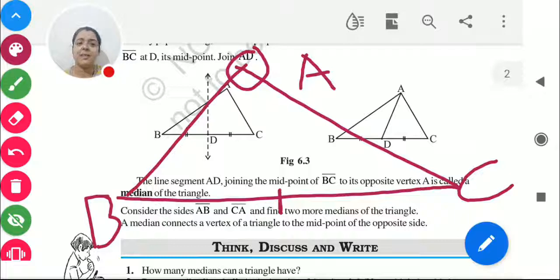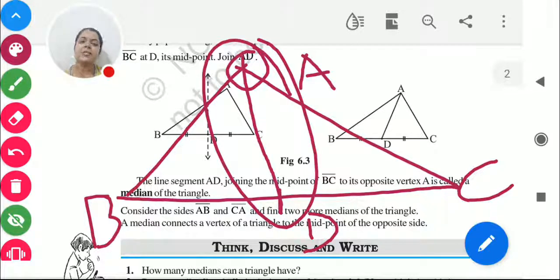BC has the midpoint D, and this line AD is known as the median for it.